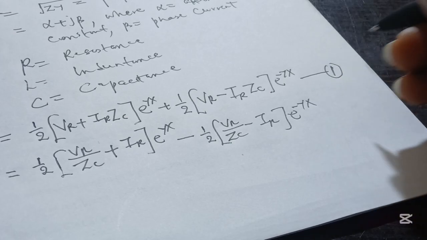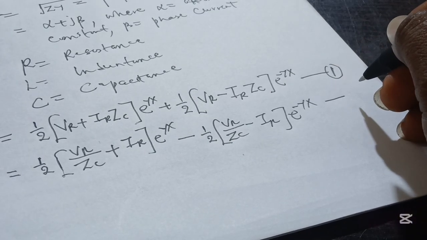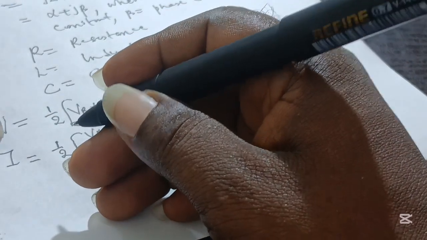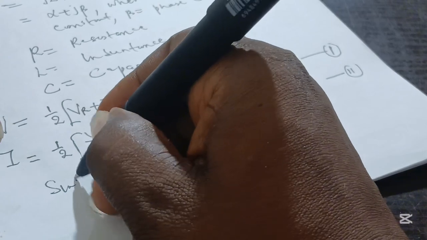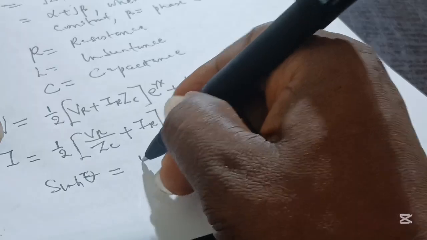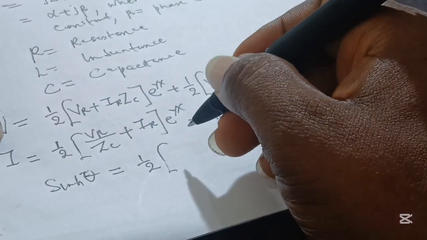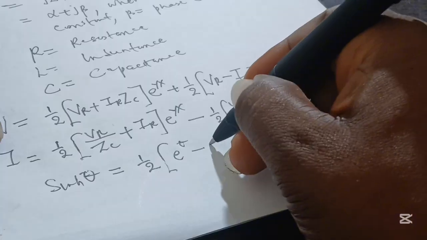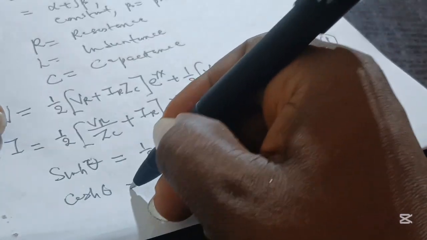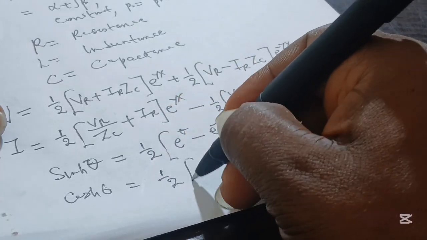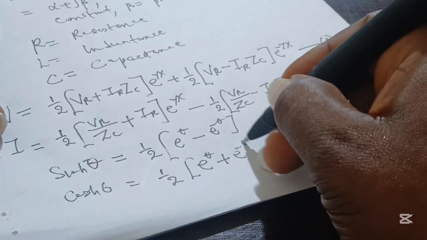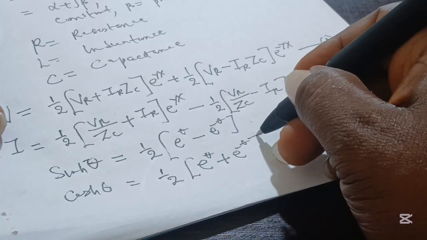Now, to reduce equations 1 and 2, we can use these trig identities. Sinh theta is equal to half of exponential theta minus exponential minus theta, and cosh theta is equal to half of exponential theta plus exponential minus theta.